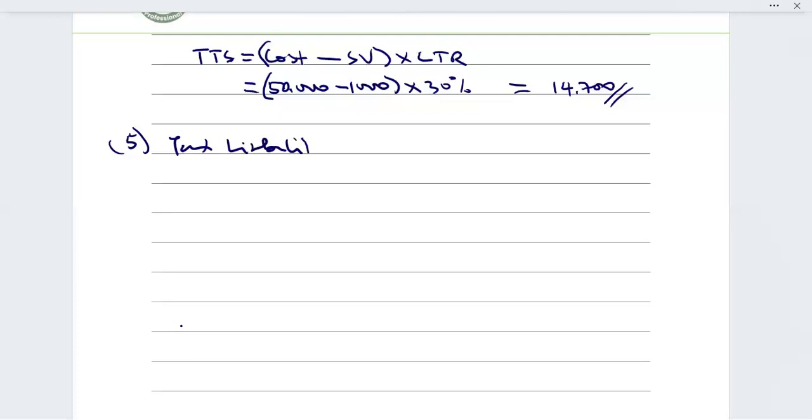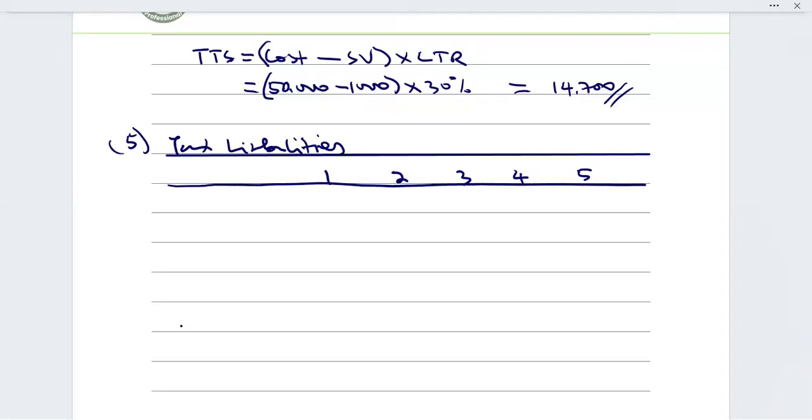So I will say tax liability. I want to calculate tax liabilities for each year. So we have year 1, 2, 3, 4, then 5. The first thing I will do, because remember what I said, the essence of capital allowance is to reduce tax liability, therefore I will bring out the profits.